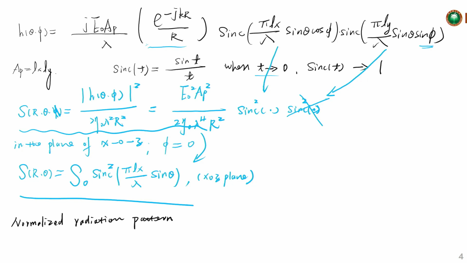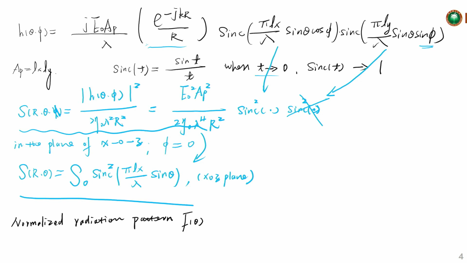The parameter of it, or the radiation intensity, we call it f theta, because it is not dependent on the phi. All right, because it is in the x o theta plane, and it is not dependent on the distance between the source and the observation point.